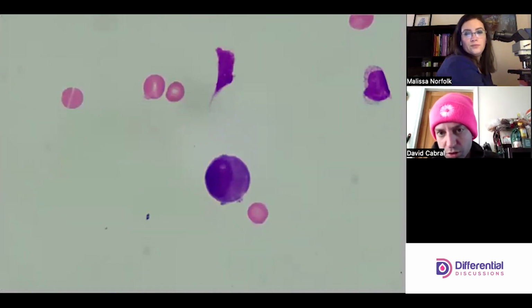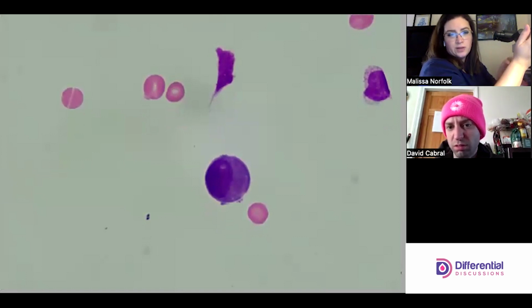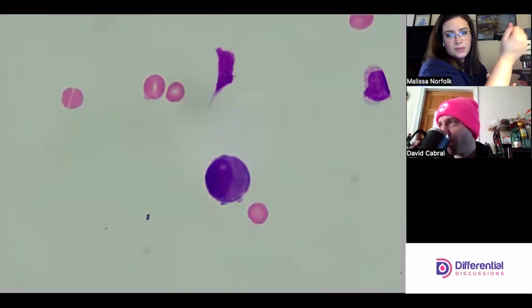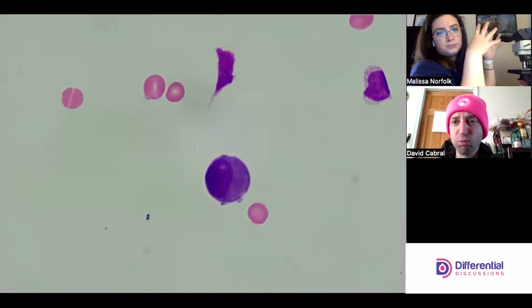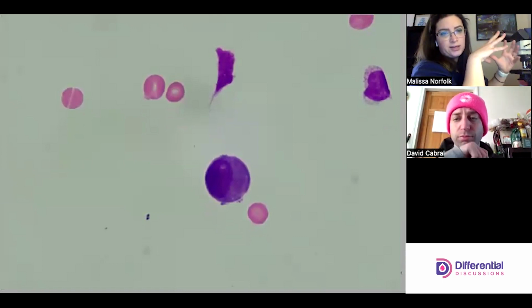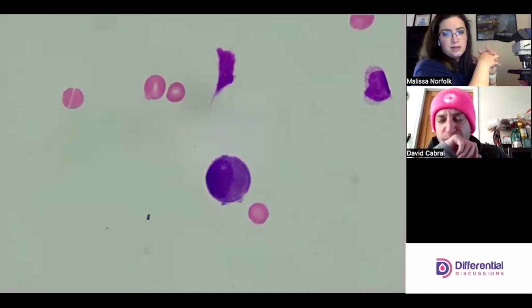Okay, so I think this looks like a meso. What do you think? I think there's too much cytoplasm for it to be a lymph. I think it's too nicely packaged to be a monomac, and the nucleus isn't really doing anything exciting either.